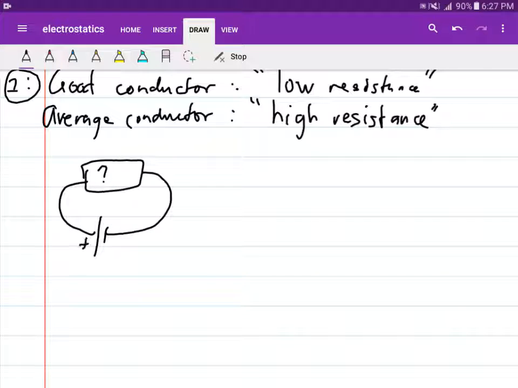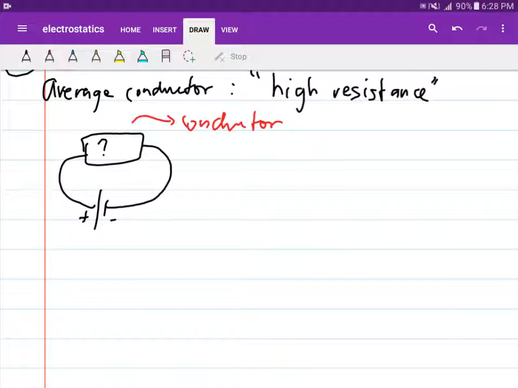This battery drives a current in this conductor, which we know has a low resistance. Let's say our battery can be adjusted with different values of voltage, and we can measure the currents inside this good conductor.